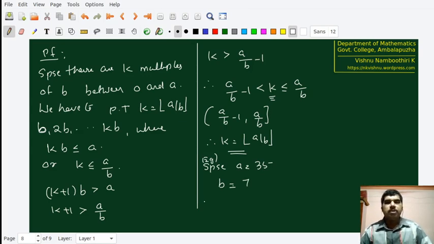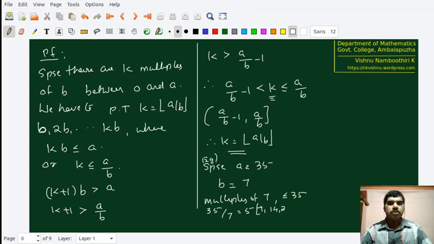The answer is the number of multiples of 7 that are less than or equal to 35, that is 35 by 7, equal to 5. What are these multiples? These multiples are 7, 14, 21, 28, and 35. This demonstrates the statement that we have just now verified.